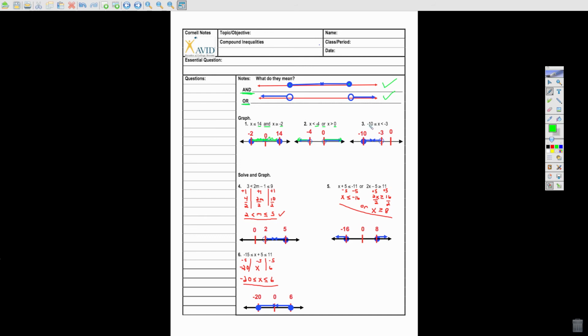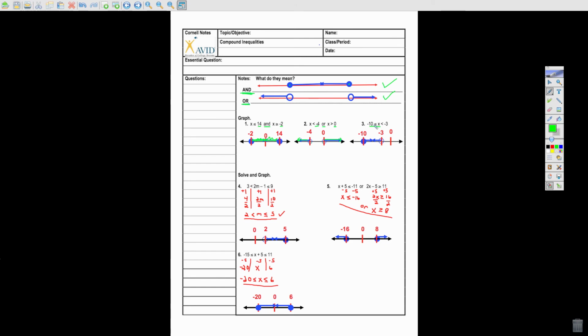Number 3. This says -10 is less than or equal to x, which is less than -3. So let's get our points on our number line. I always put 0 in there. So we have 0, then next I have -3, and then out here I have -10.